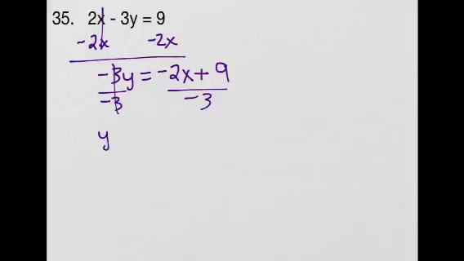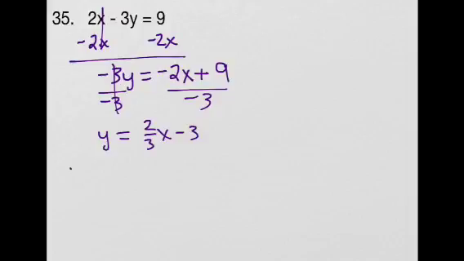So we have y equals a negative 2 over a negative 3 right here. When we simplify this part, it gives us 2/3 x. And then a 9 over a negative 3 that we see right here leaves us with negative 3. And so from here we see that the slope, the m, is 2/3, and the y-intercept, the b, is negative 3.